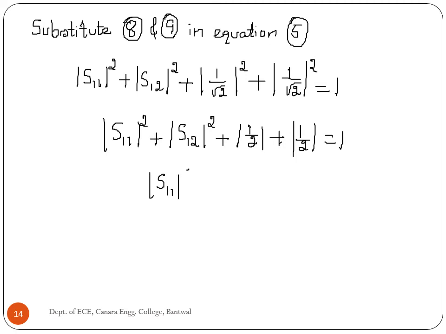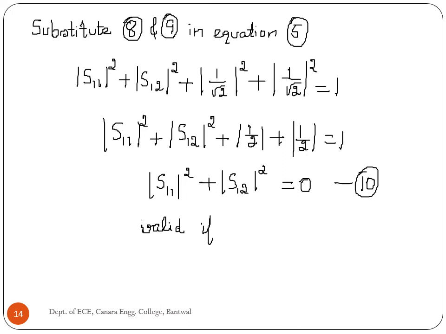Therefore S11 square plus S12 square is equal to 0. Equation number 10, which is valid if S11 equal to S12 is equal to 0.